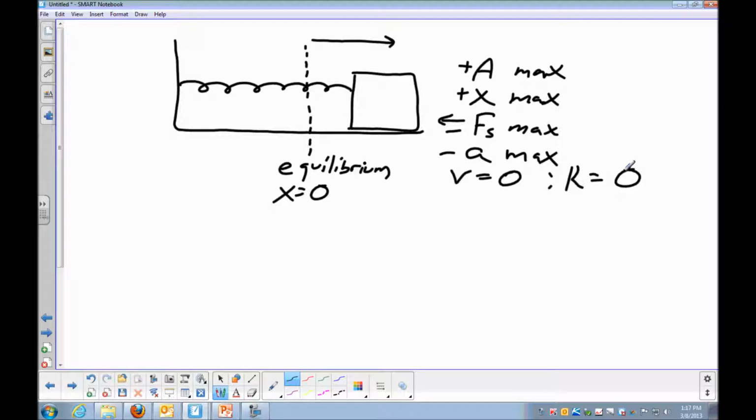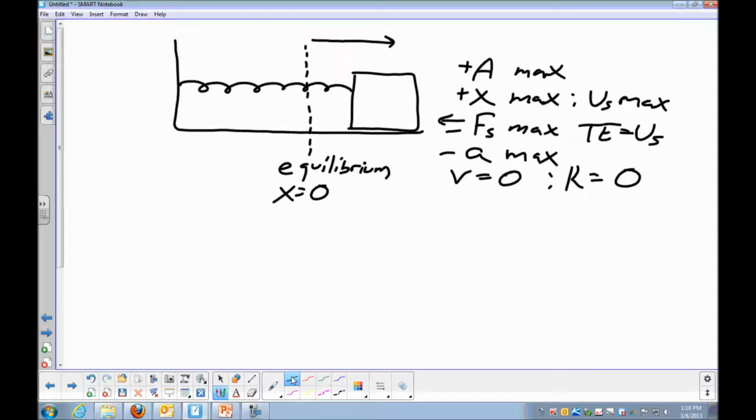Because we're at maximum displacement, our potential energy is at a maximum. And really what this means is my total energy is my spring potential energy, or my elastic potential energy. These are the things that are happening when the box is at its positive maximum displacement.